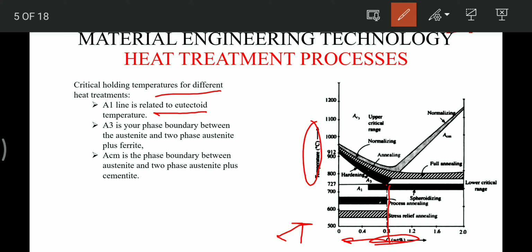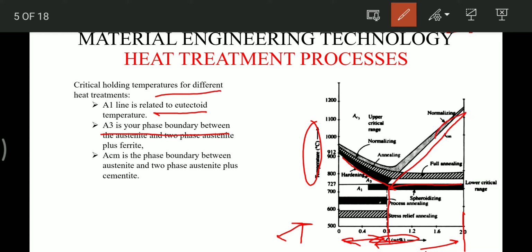This line is called the A3 line, this is the A1 line, and this line over here is called the ACM line.